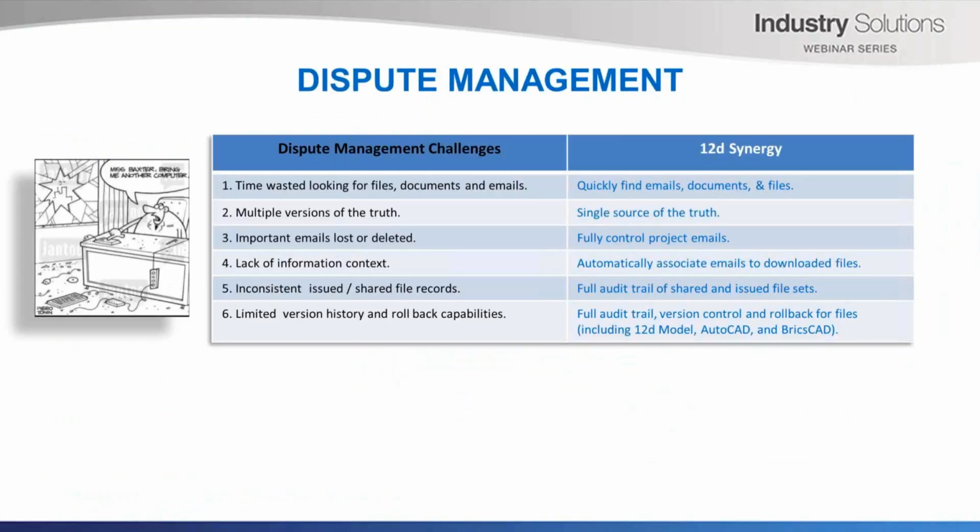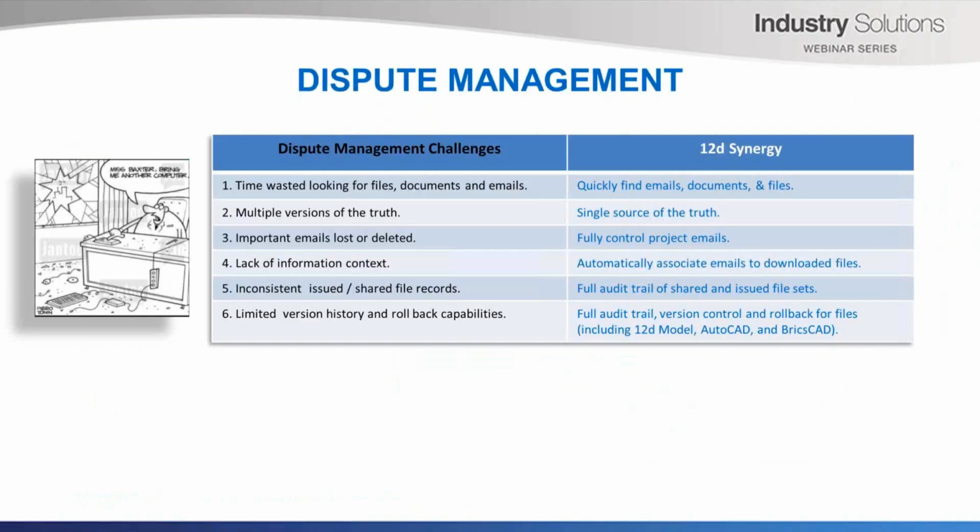First of all, a lot of time can be wasted simply looking for files, documents, and emails. There may be several versions of the truth, especially if files are duplicated across multiple computers and servers. And sometimes important email communications may even get lost or accidentally deleted.